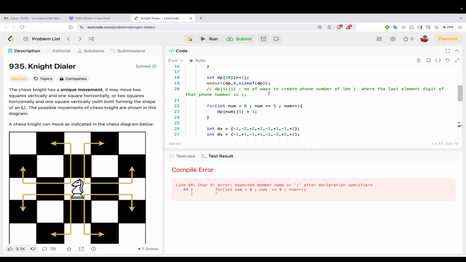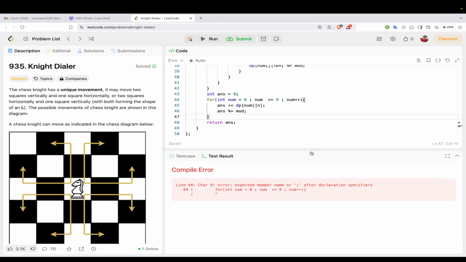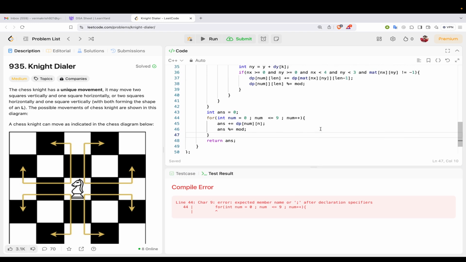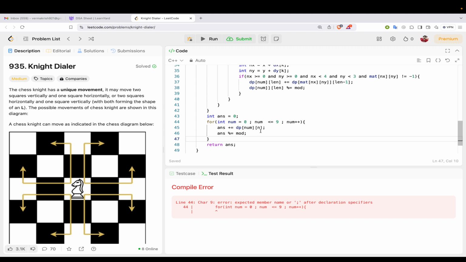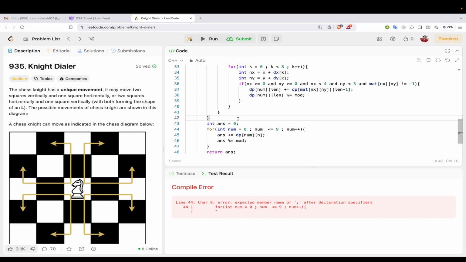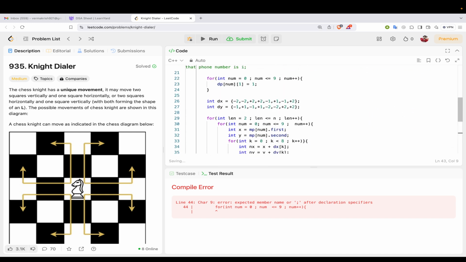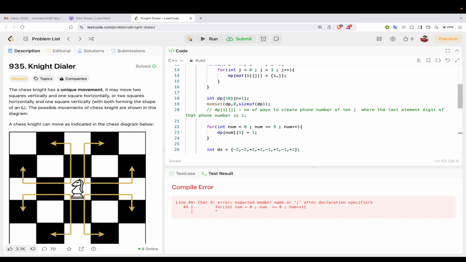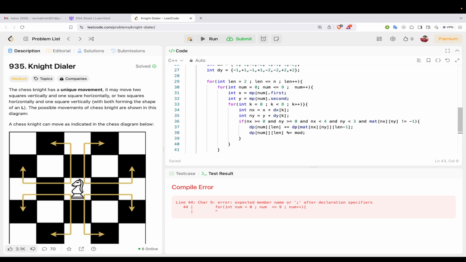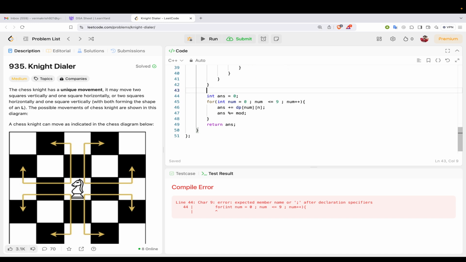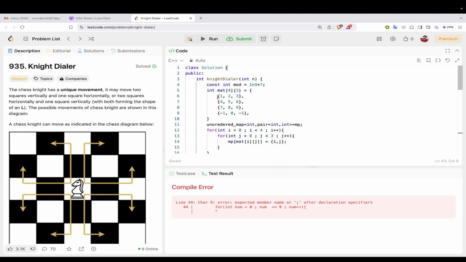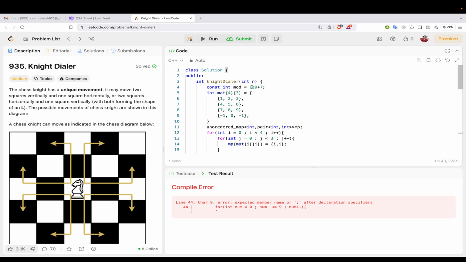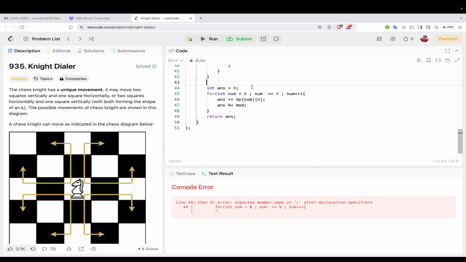Anything wrong? dp num of n. Whether we have already declared this answer somewhere. No, we haven't declared. What did we miss?